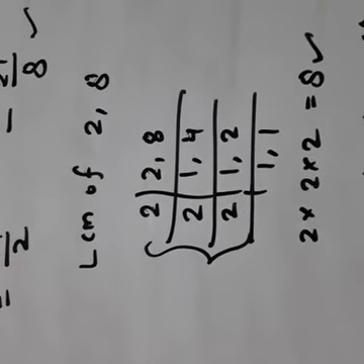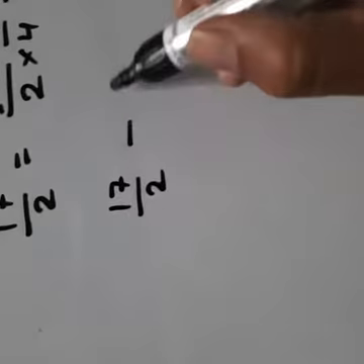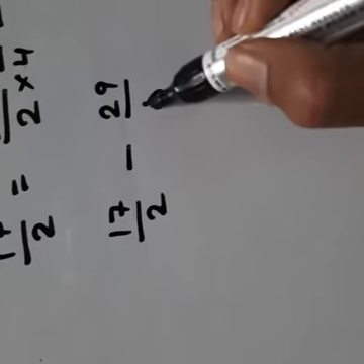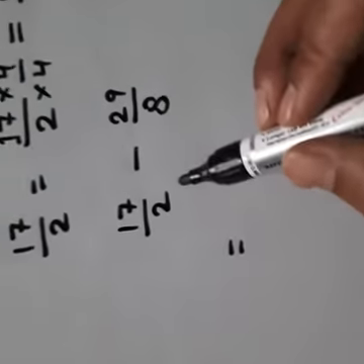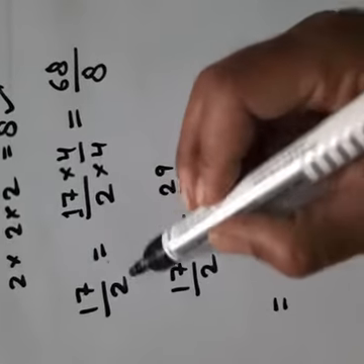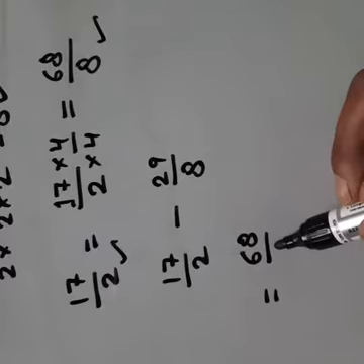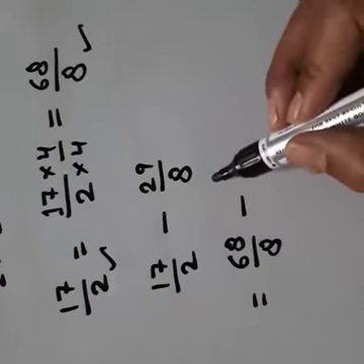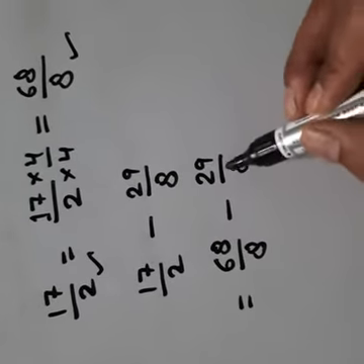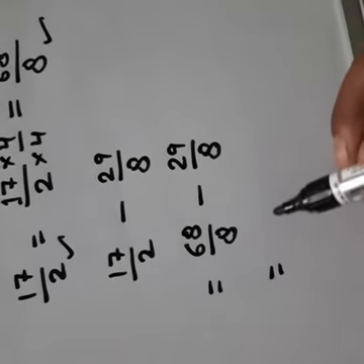Now 17 upon 2 minus 29 upon 8 can be written as 68 upon 8 minus 29 upon 8, because in place of 17 upon 2 we can use 68 upon 8, and 29 upon 8 is written the same because it already has denominator 8.